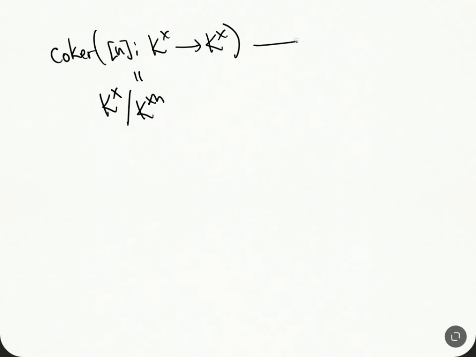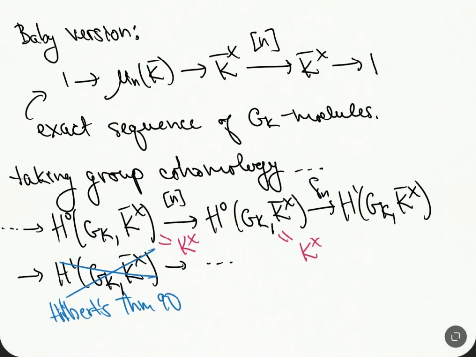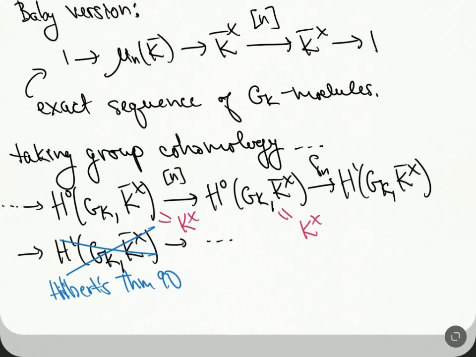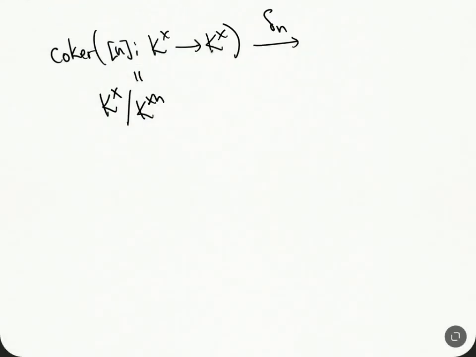And then we have this map delta of n, the induced map. Because this is an exact sequence, the image of this is in the kernel of this map, so the map is well defined on this quotient, which is the cokernel. And then this goes to H1 of GK.